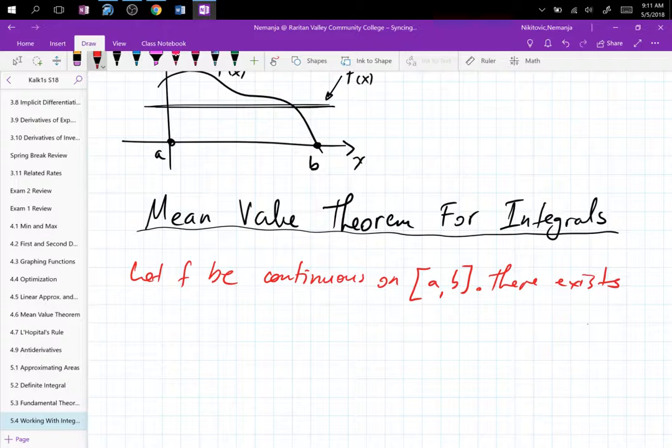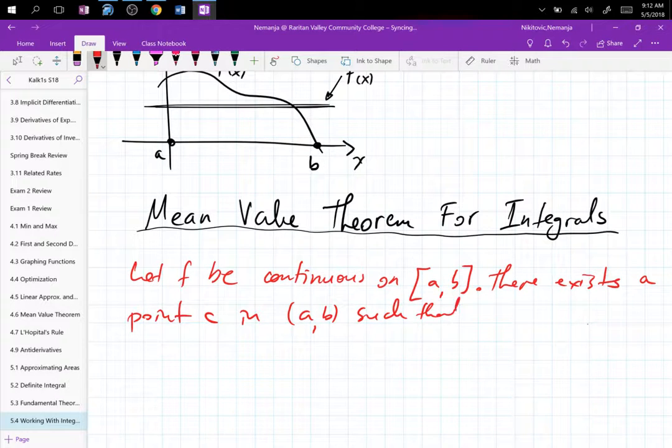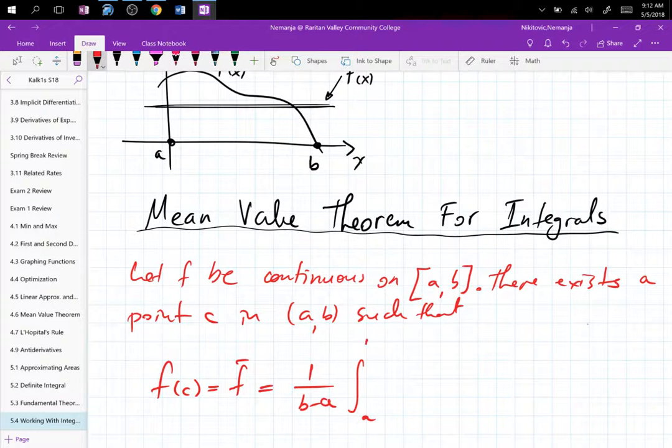There exists a point c in (a, b) such that f of c is equal to the average, which is equal to 1 over b minus a, integral from a to b of f of x dx.